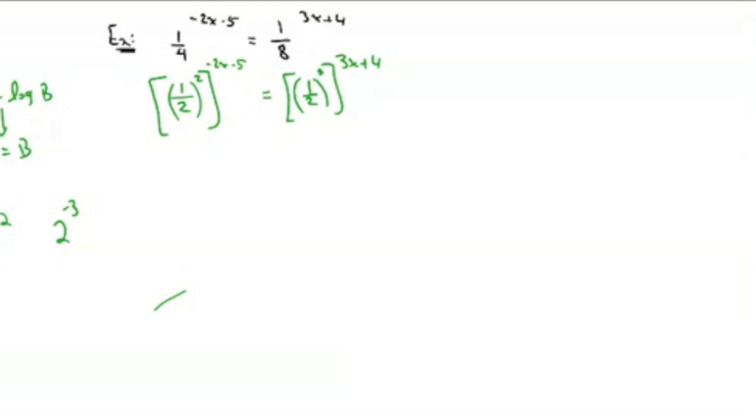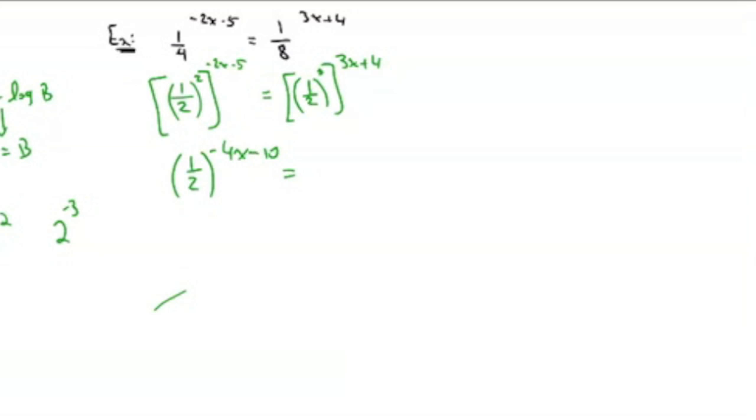All right, here you get power to a power and you multiply, so you get 1/2 raised to what power? When you have a base raised to an exponent, raised to another exponent, what do you do with the 2 exponents? Multiply. So you go 2 times negative 2x is negative 4x. 2 times negative 5 is negative 10.